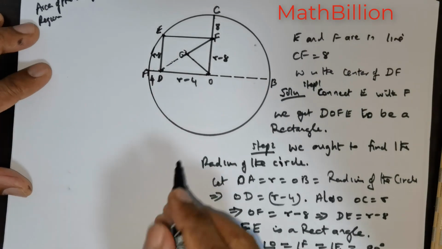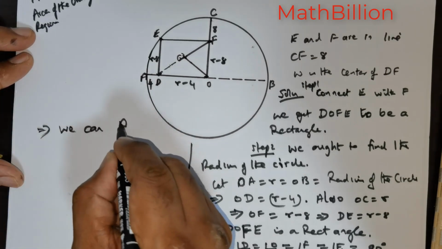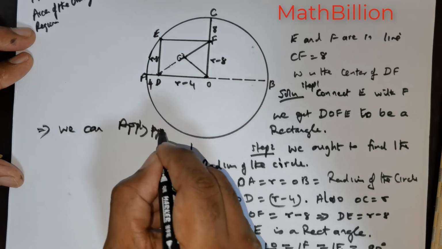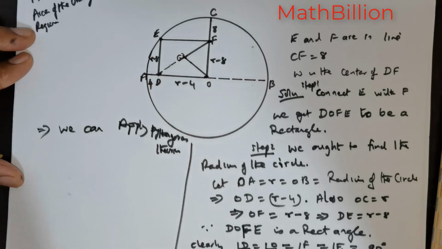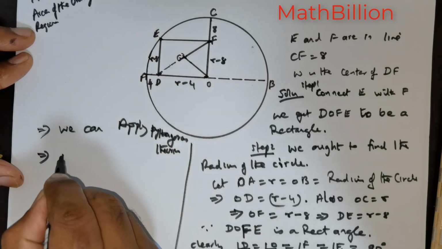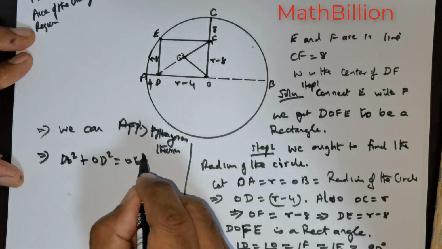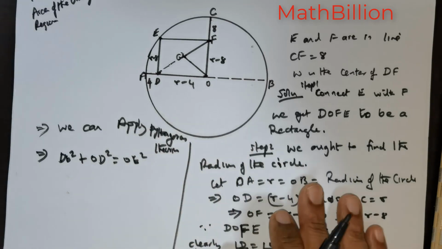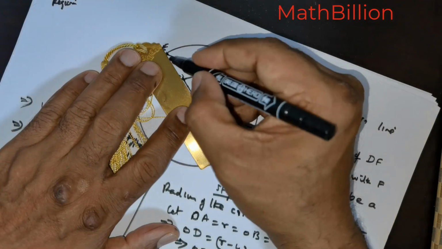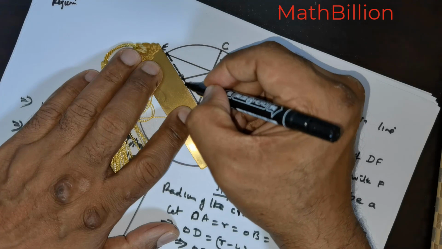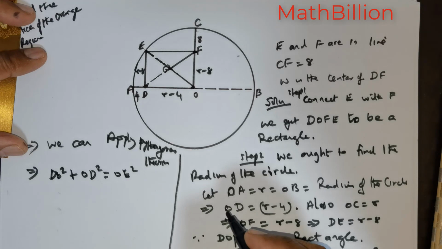right? So I'm using the space here. This would mean we can apply Pythagoras theorem. So what does that mean? That means DE squared plus OD squared is equal to OE squared, right? So what I'm going to do, I'm going to join this, and you have a right triangle here, right?